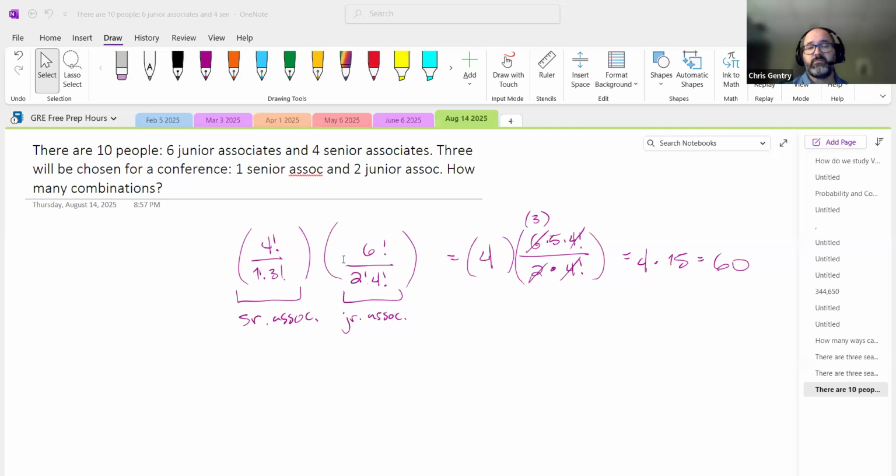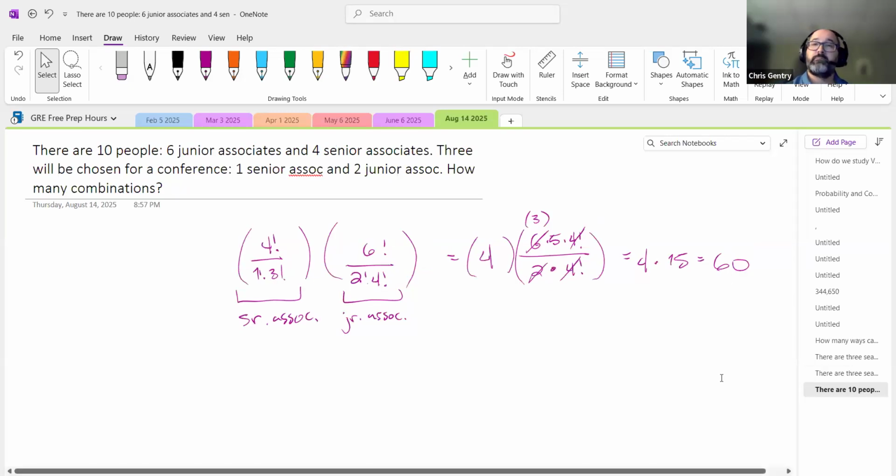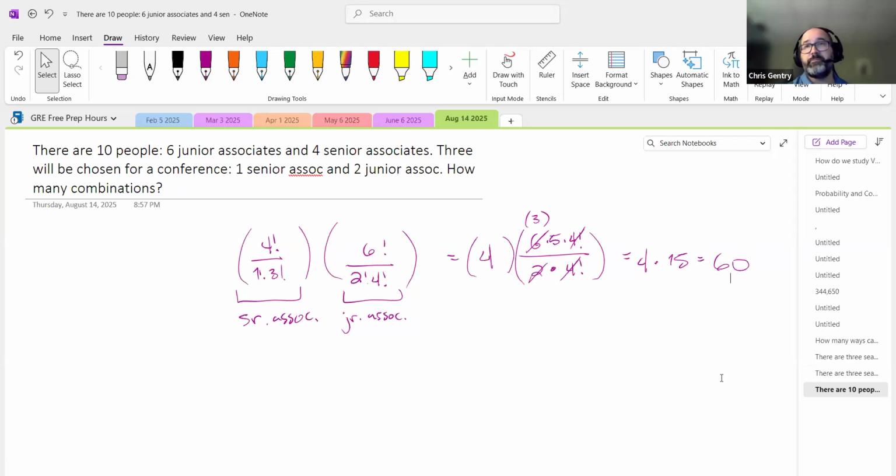Permutations are just like this, where you just say how many people you do the selections in the order. So you would say how many people were chosen for the aisle seat? 1. How many people were chosen for the window seat? 1. That's how permutations run, and it's still the same formula. At least that's the way I do them.